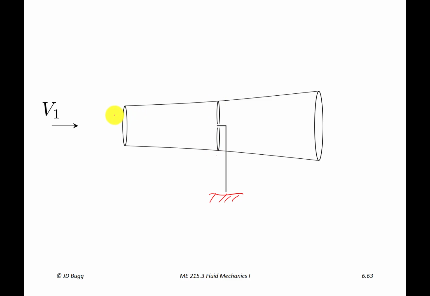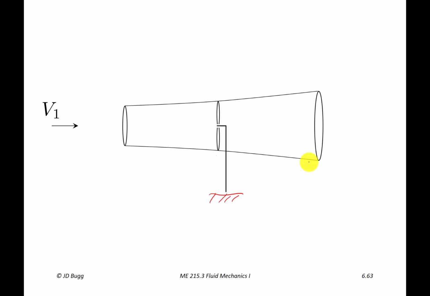We have our free stream velocity here, relatively high speed, and as it approaches this, it slows down, so the diameter of our stream tube has to get bigger. And it turns out that downstream of the rotor plane, it actually continues to slow down, so I've shown the diameter of our stream tube continuing to get larger. So this is the control volume that we're going to be looking at.